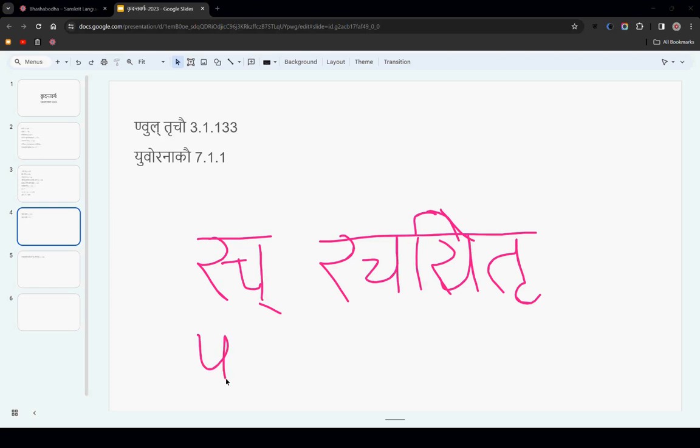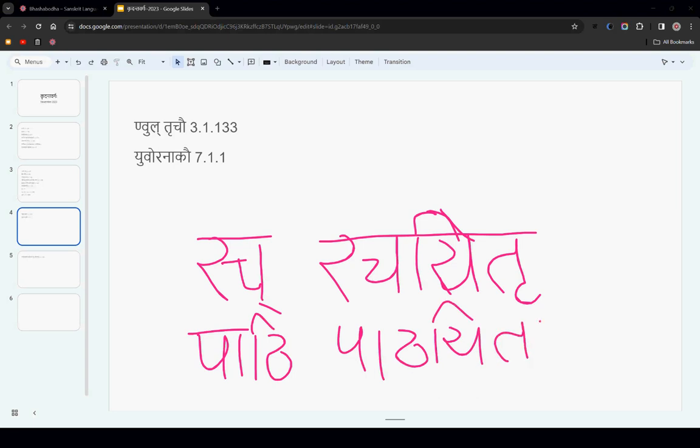And if you add this to pathi, then it becomes pathayita. Prathama vibhakti ekavachanam, pathayita.